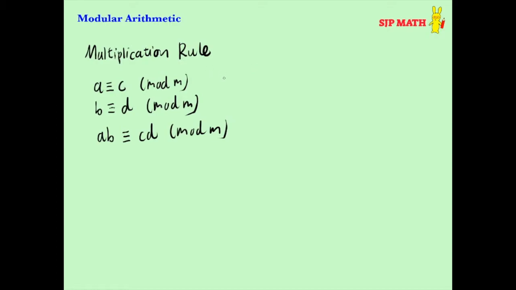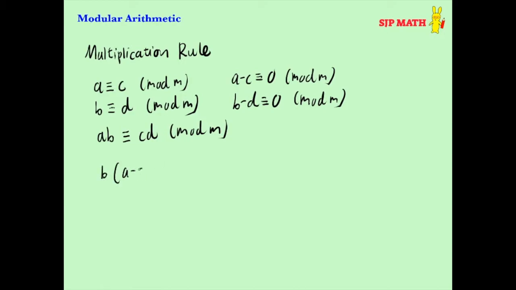So again, if A is congruent to C mod M, that means that A minus C is congruent to 0, so it's a multiple of M. And similarly, B minus D is congruent to 0, it's a multiple of M. So let's first look at this expression.